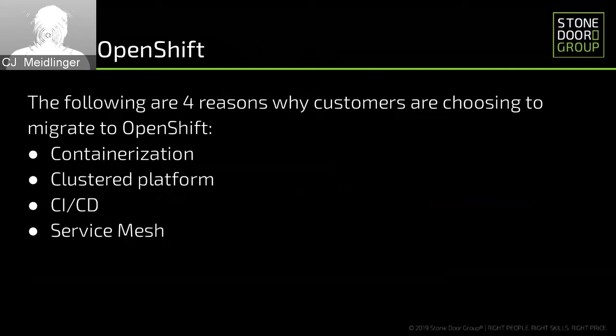It gives you an opportunity to deploy into very different environments, regardless of the underlying operating system levels. It's a clustered platform, so a lot of the clustering of applications, that work is done for you.